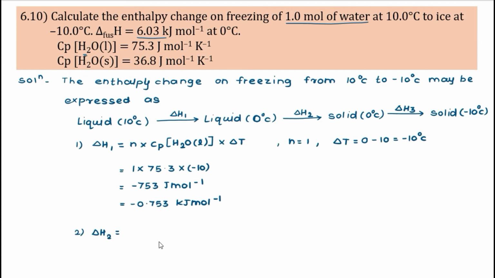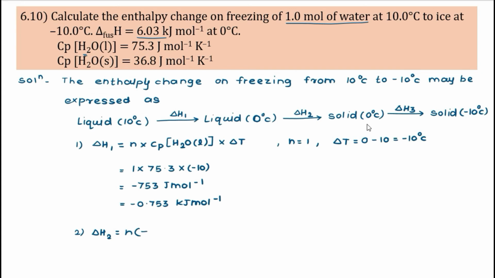Second quantity is delta H2. Delta H2 depends on the enthalpy change of water from liquid at 0 degree Celsius to solid at 0 degree Celsius. So this depends on enthalpy change of fusion, and it is given as number of moles of water into enthalpy change of fusion.